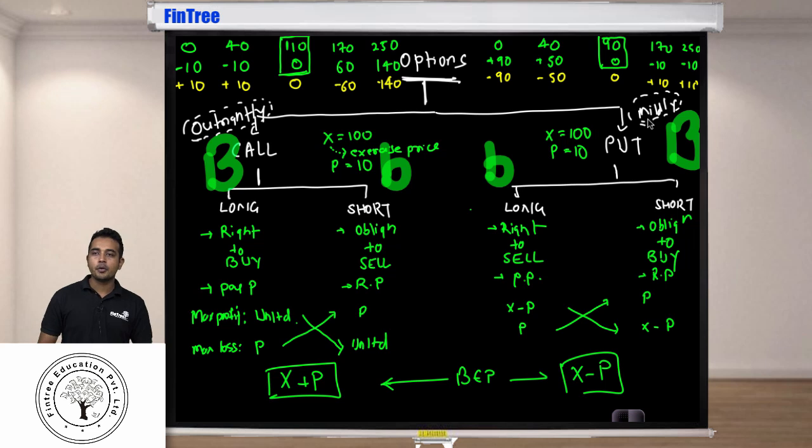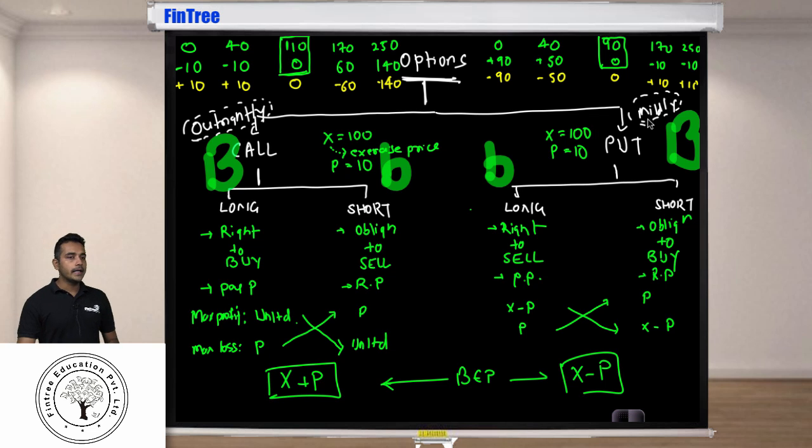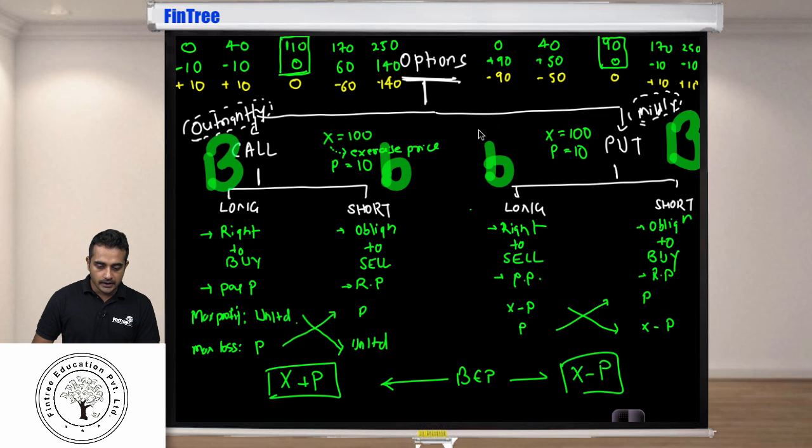A lot of people wonder, if both of them are bullish, when do I take which position? So when you're moderately bullish, you would be better off going on short put. But if you're outrightly bullish, if you're hoping for a significant upside, then you would be better off going on long call. In the same fashion, if you're outrightly bearish, go on long put. But if you're mildly bearish, then go on short call.